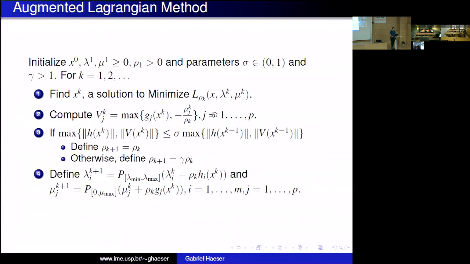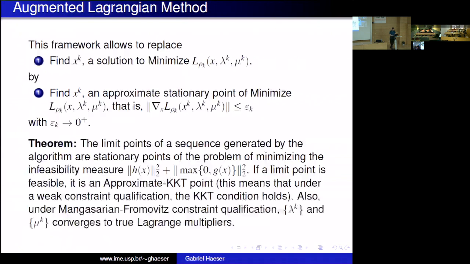It should be a global minimizer, at least a local minimizer, for this approximation to be good enough. But in practice, you can replace the minimization problem by a stationary point. So this works fine as well. xk may be simply a stationary point for this problem, so the gradient of this objective function should be 0.